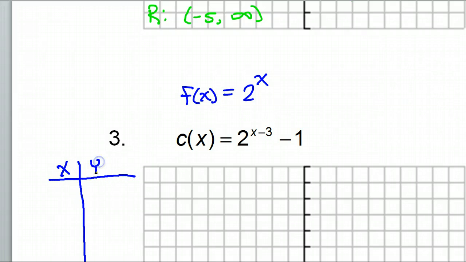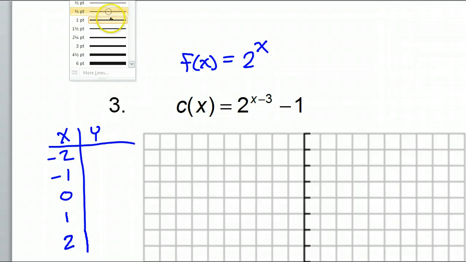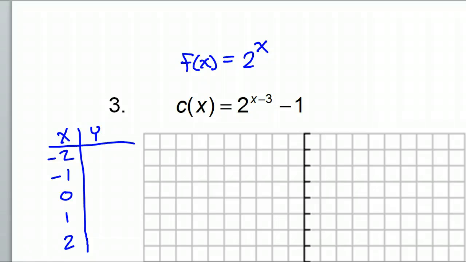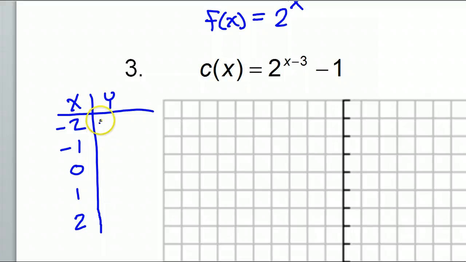X and y. Once again, I'm going to use -2, -1, 0, 1, and 2. And we're just doing 2 to the x power. If I do 2 to the -2 power, because that's x, then that's going to give me 1 over 2 squared, which is 1 over 4.